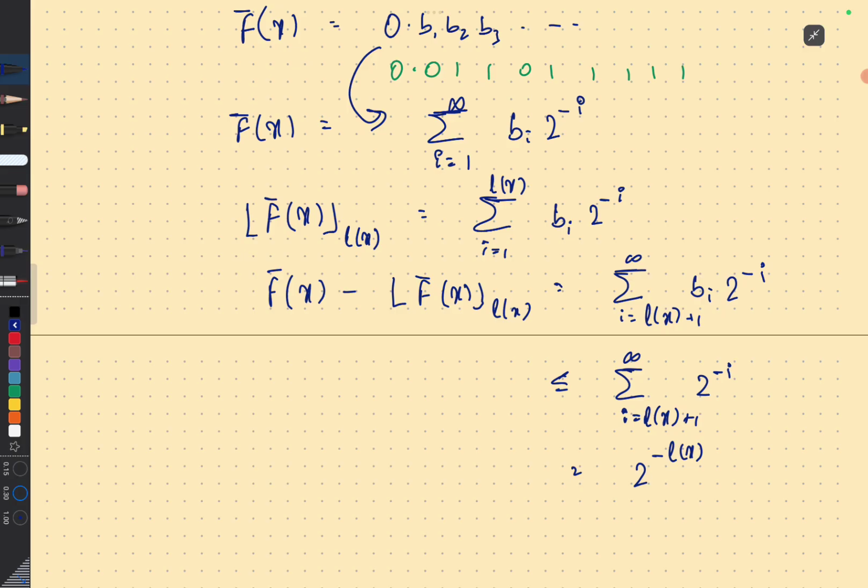So if the code word lies in this particular interval, then you're going to declare 2. If it lies in this interval here, you're going to declare 1. If it lies in this interval over here, you're going to declare 0, and so on. That's how decoding works. All right.